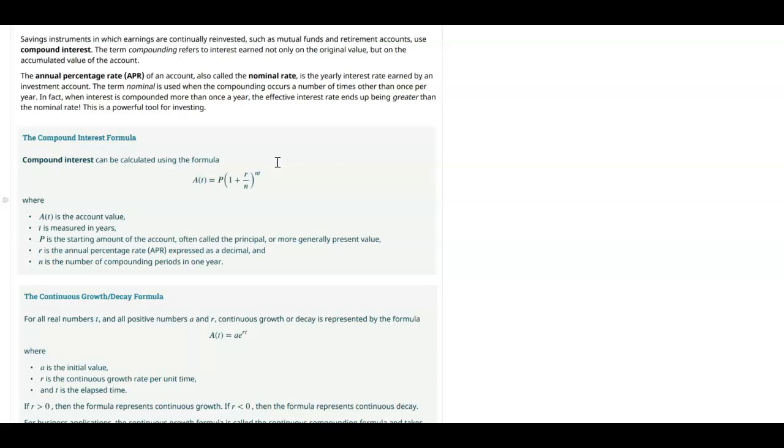However, if you have multiple times a year, then they take that annual rate and they divide it up by the number of times that's going to happen throughout the year. You'll notice as you compound more a year, this interest rate ends up being a little bit greater than the nominal rate.